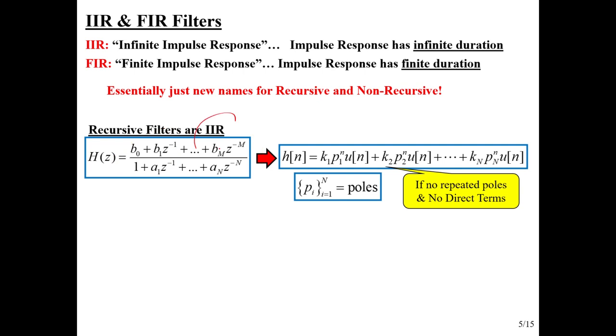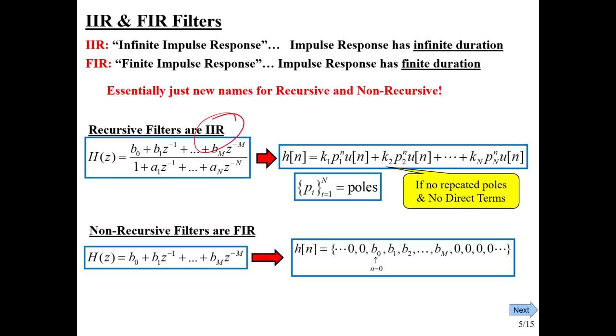So therefore, IIR. And then for a non-recursive filter looking like this, if we take the inverse Z transform of that, we're literally saying this is the value of h of n at n equal to 0, and this is the value of h of n at n equal to 1, and so on.